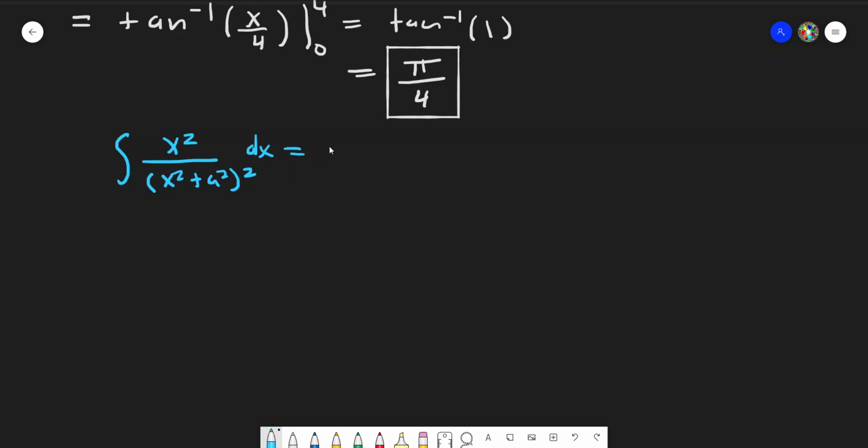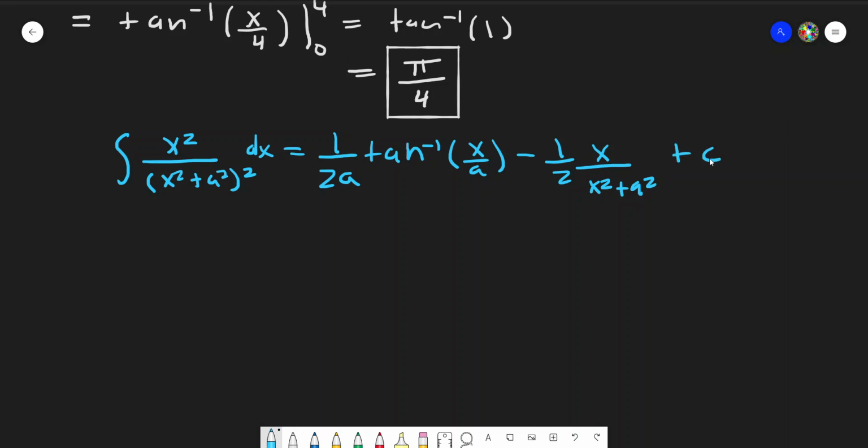Now, in actuality, there is a formula that can be derived. Once you derive the formula, you will get the following: 1 over 2a arctangent of x over a, minus 1/2 times x over x squared plus a squared, plus c.